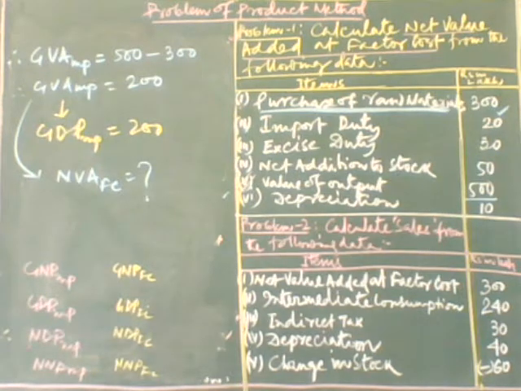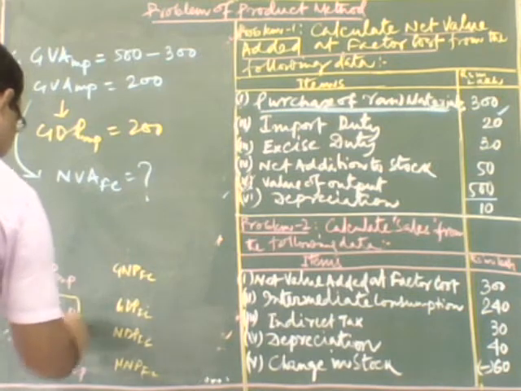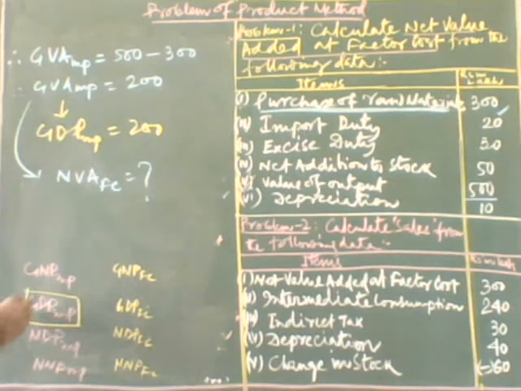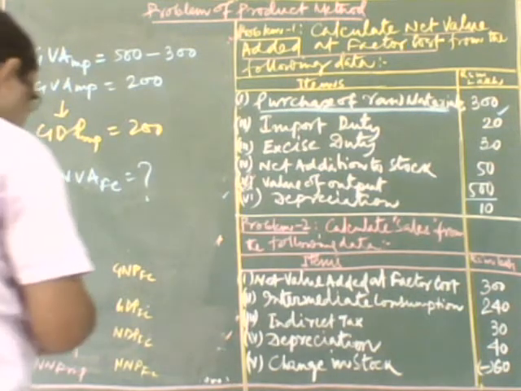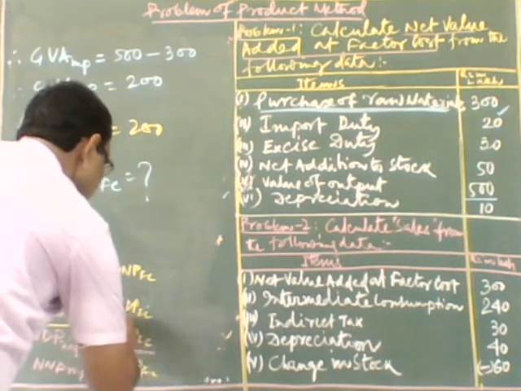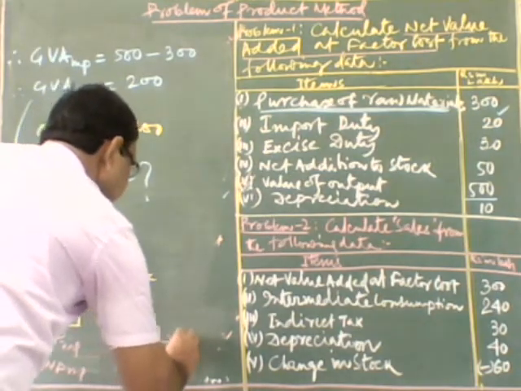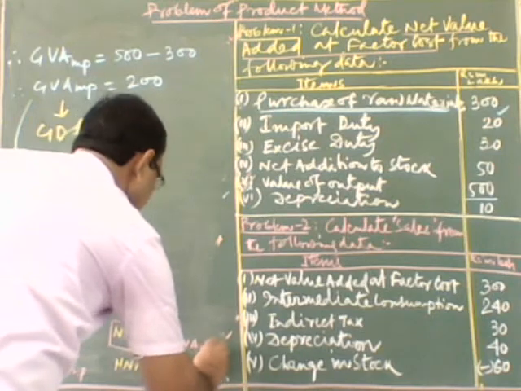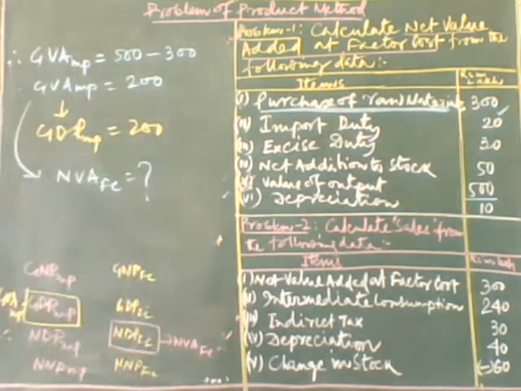Here GDP means GVA, GDP means the GVA at market price. And NDP factor cost means NVA at factor cost.